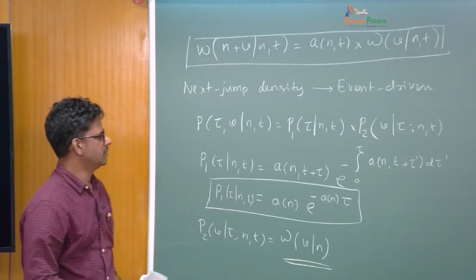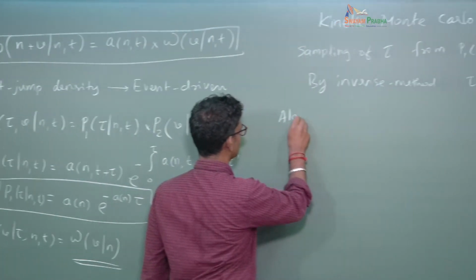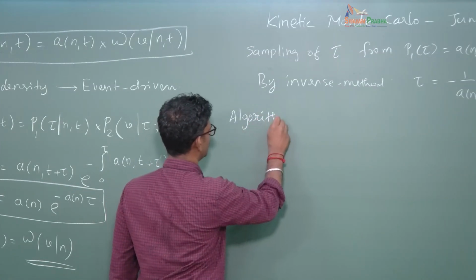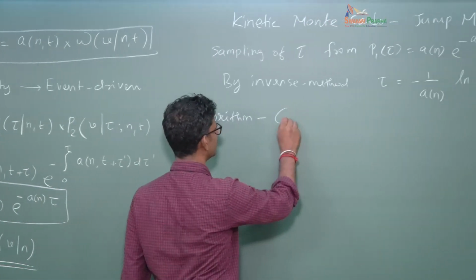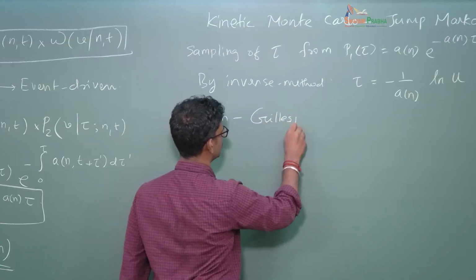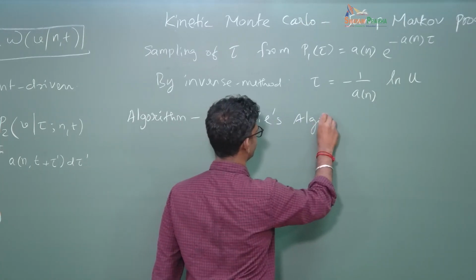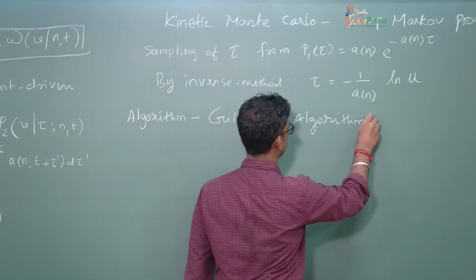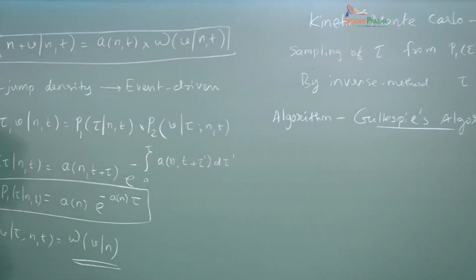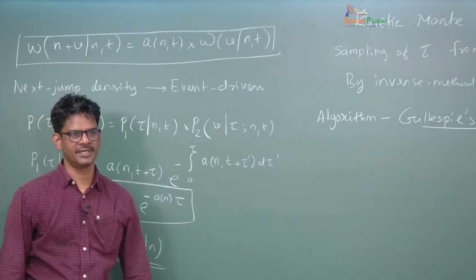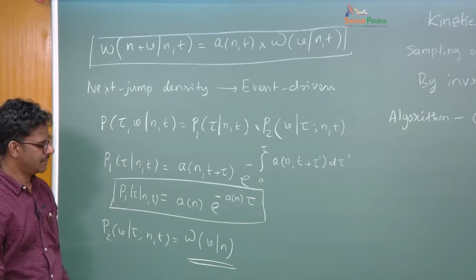Okay. So putting all this together, we can think about an algorithm, and in the literature this algorithm is called the Gillespie algorithm. Gillespie is a person's name who proposed this particular methodology of doing these event driven simulations.